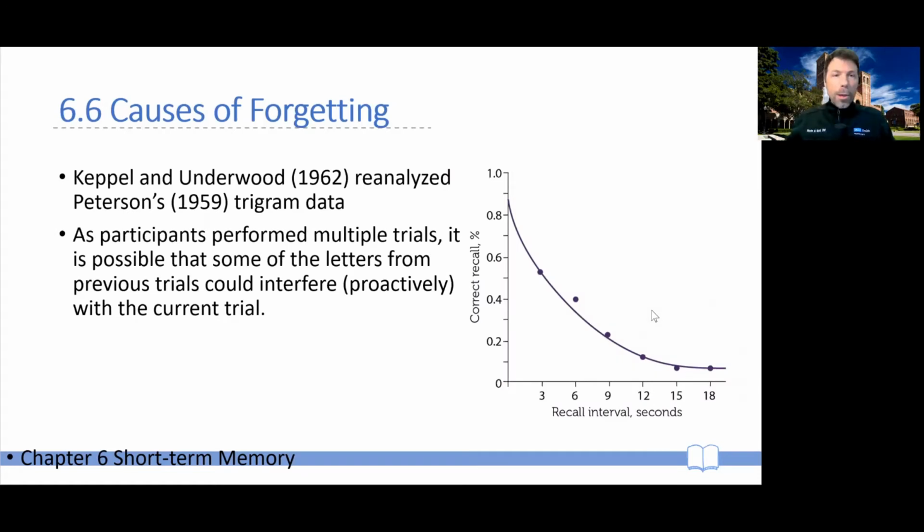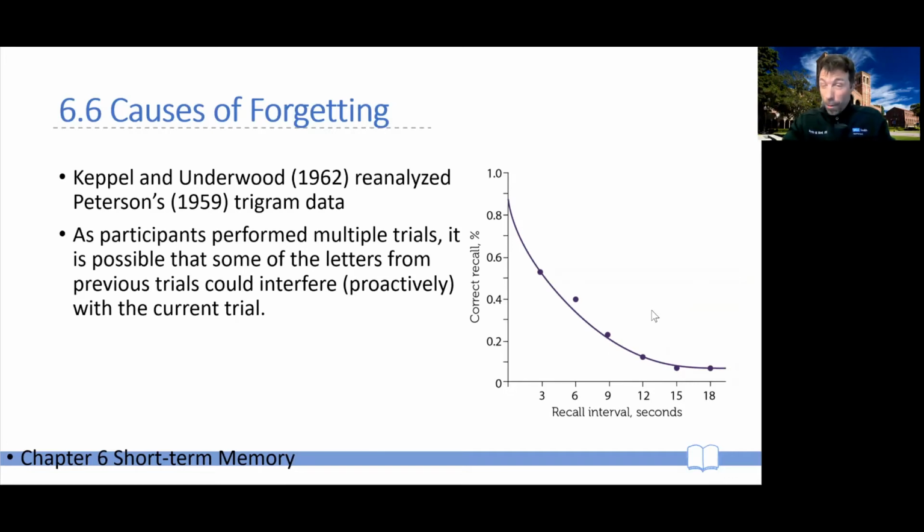Now, you might remember the experiment by Peterson and Peterson in 1959, where they were trying to measure how long short-term memory could last in the absence of rehearsal. You'll remember that they gave trigrams to participants to encode, and then right after they'd have to count backwards by 3.